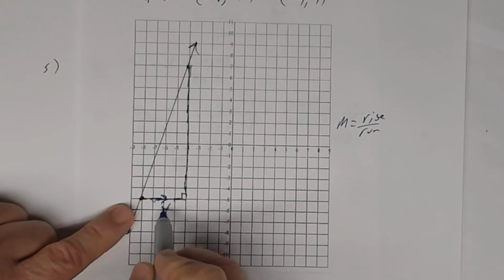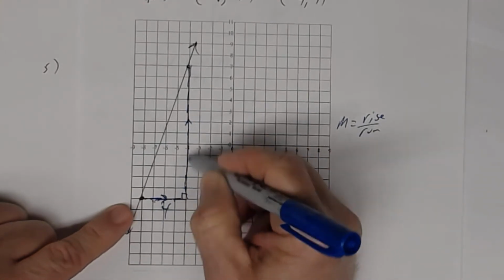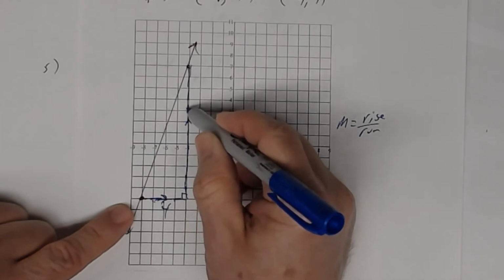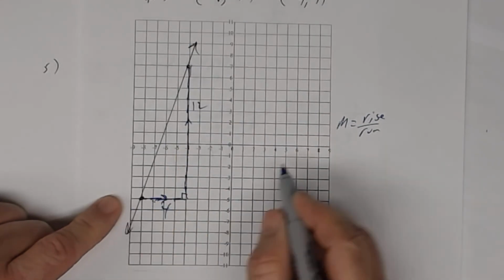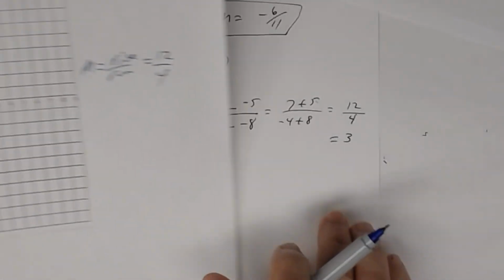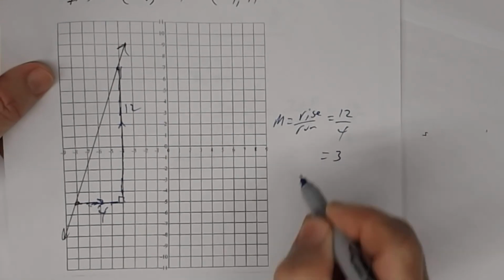Since I went to the right, it's positive 4. And then I'm going up, so it'll be positive 1, 2, 3, 4, 5, 6, 7, 8, 9, 10, 11, 12. So my rise is 12, my run is 4. Notice that corresponds to what you saw here. See that? 12 fourths, which is 3, right?